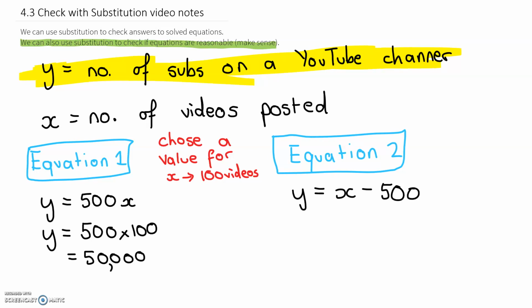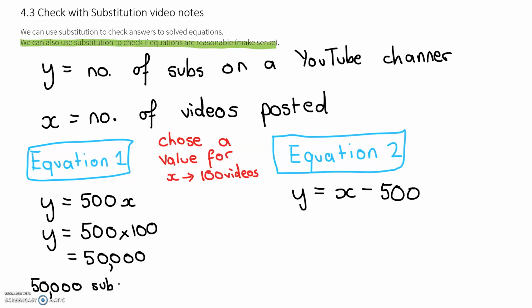So this equation says that if we have 100 videos, we'd have 50,000 subscribers, which, I don't know, seems reasonable if it's a good YouTube channel or a not so great YouTube channel. 50,000 subscribers, that seems reasonable to me. It's not unrealistic. It's not impossible. So we're going to put a tick next to that and say, yeah, that equation's pretty reasonable, at least for that value that we tested.